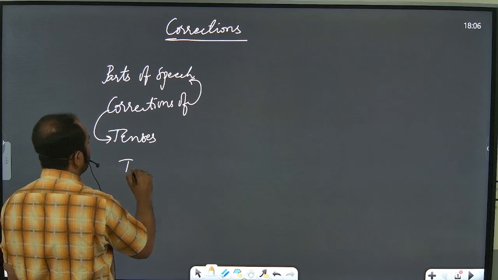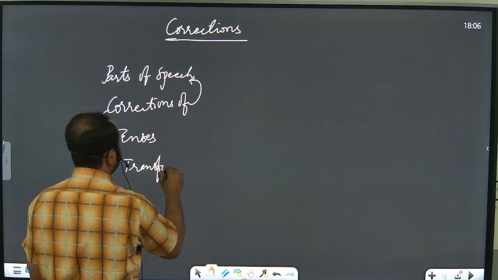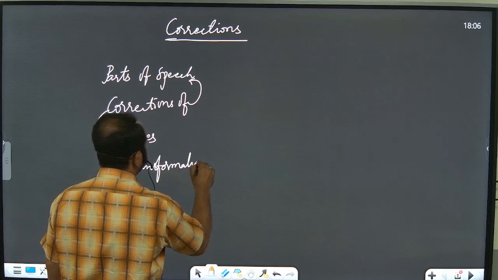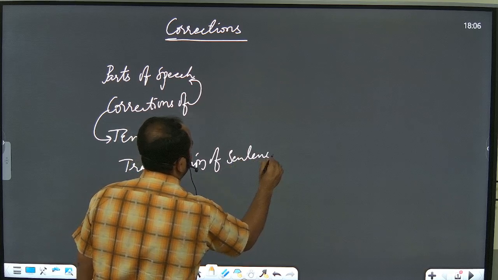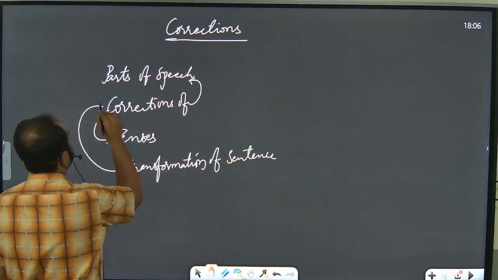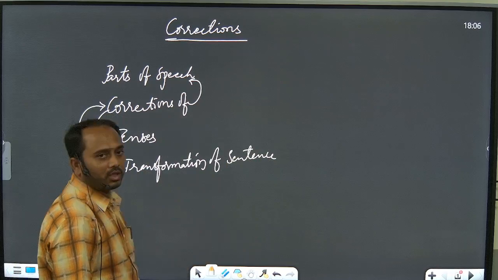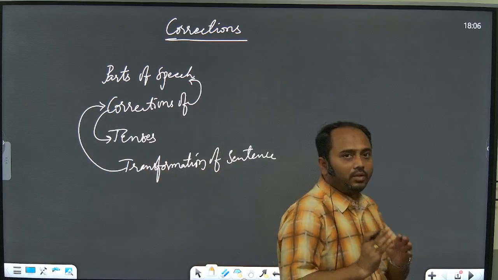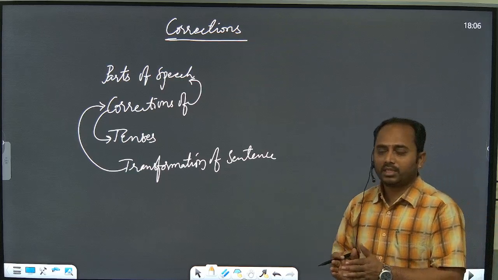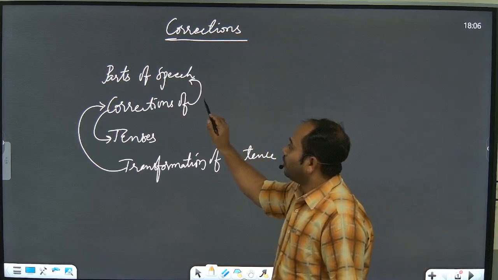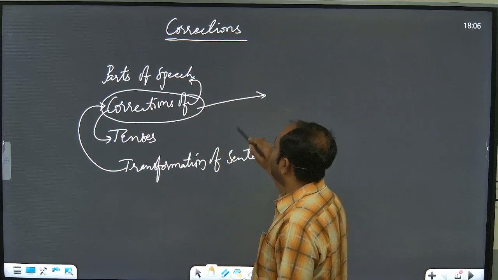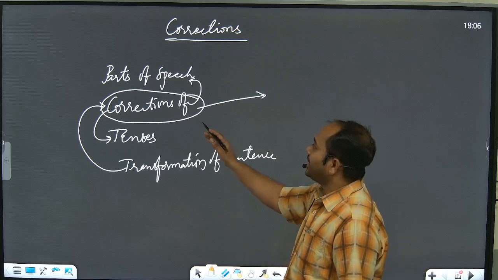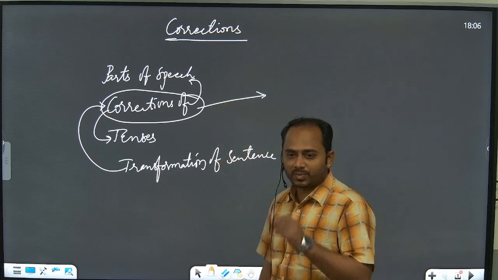Next, transformation of sentences and correction of transformations. Whatever grammar topic you learn, you will be aware of the concept, and later we have to learn what corrections are useful in our examination. So how will the corrections be from the parts of speech?